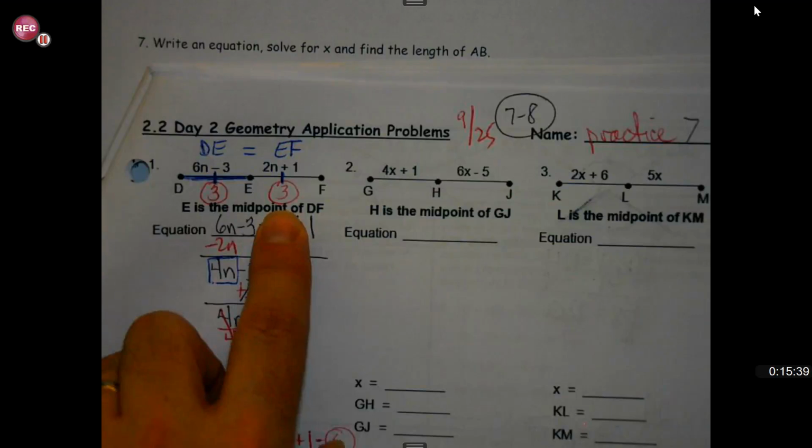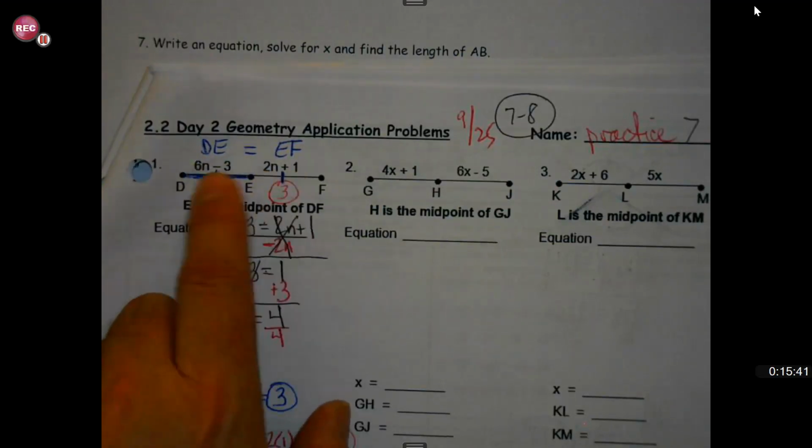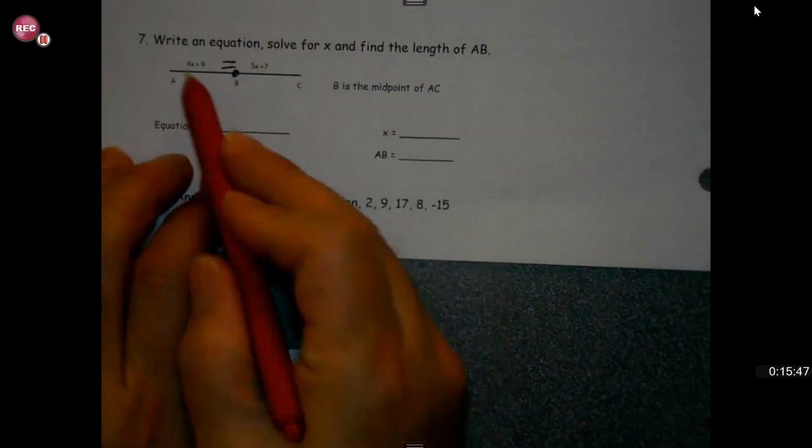When we were doing midpoint just meant the two parts are equal because midpoint's in the middle. I have my equation already. This is why it's important to do the examples, to not be doing work from prior days or looking up other classes' stuff or doing any of those above things, because it takes your tool away from you. And I don't want your tool to be taken away from you.